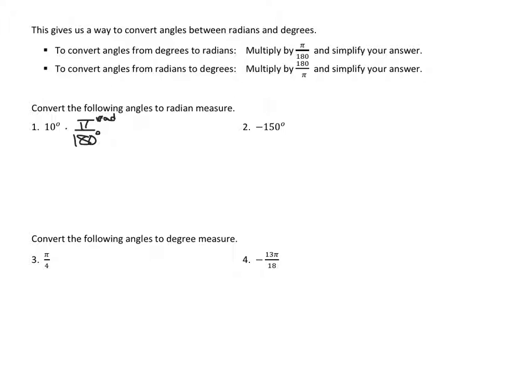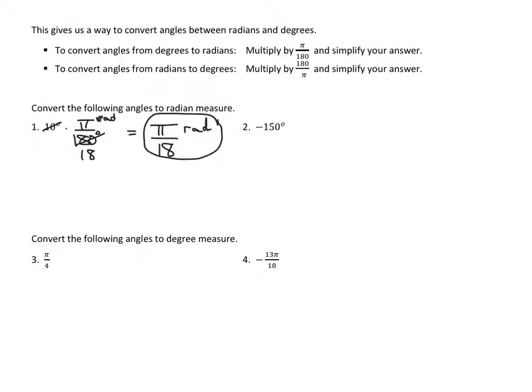Okay, so when we multiply these, if you notice, we have 10, and divided by 180, we can cross out a 10, and that leaves us 18. The degrees crossed out too, so we are left with pi over 18. And then as far as our labeling, since the degrees crossed out, we're left with radians. So 10 degrees is the same thing as pi over 18 radians.